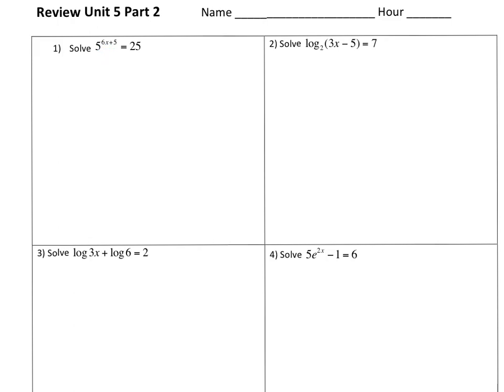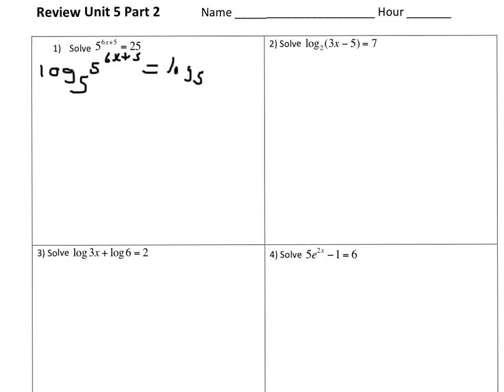And you say no. Because you don't see a log, you're going to put a log in there. Because the base of the exponent is 5, I'm going to go log base 5 of 5 raised to the 6x plus 5 equaling log base 5 of 25.